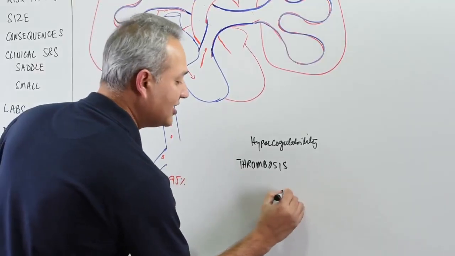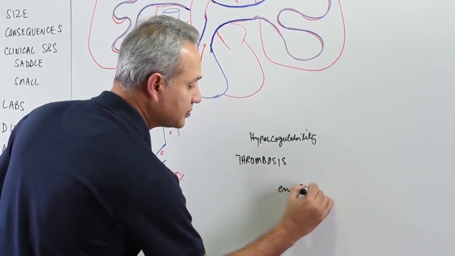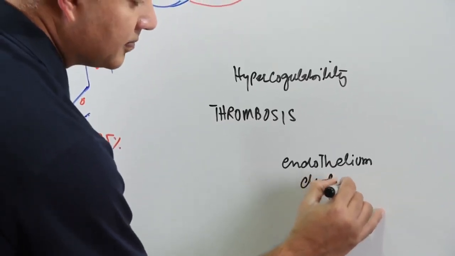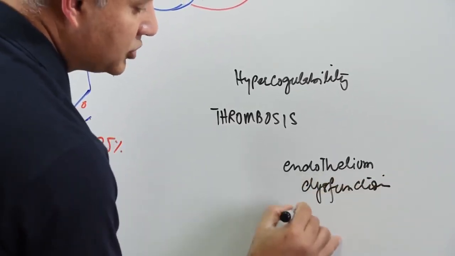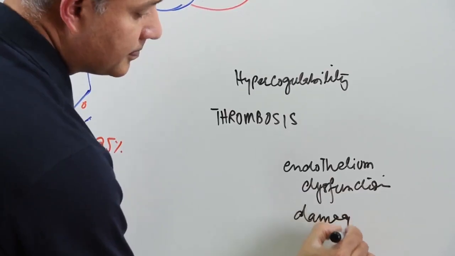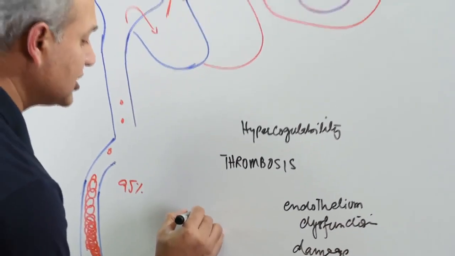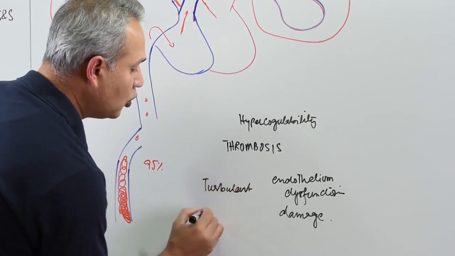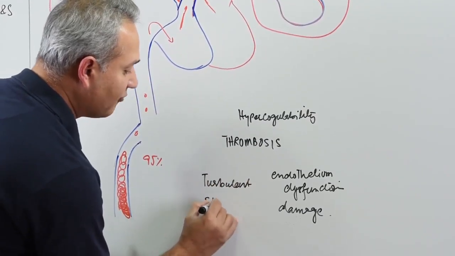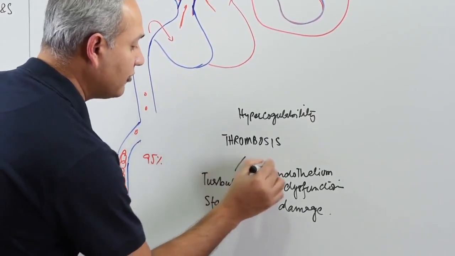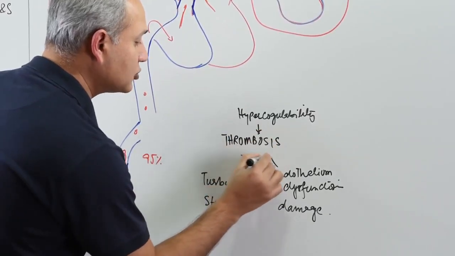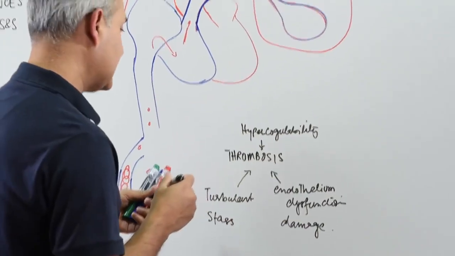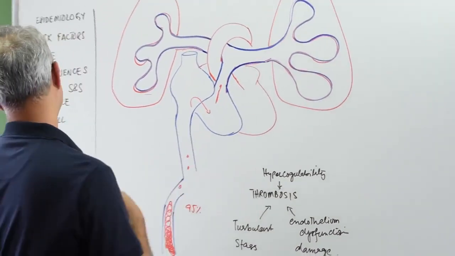Then there is endothelium dysfunction and damage. And then there is blood flow disruption, so turbulent flow or stasis of blood flow. All of these things can lead to thrombosis. People who have these factors are at risk of thrombosis. So these are the risk factors.